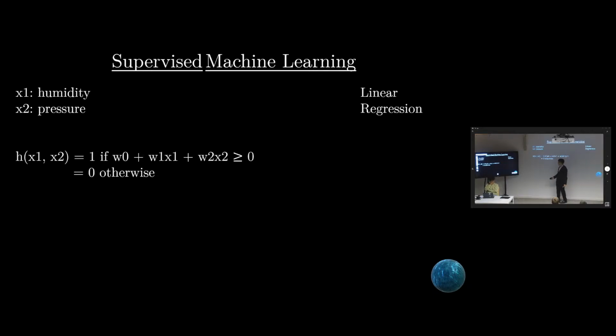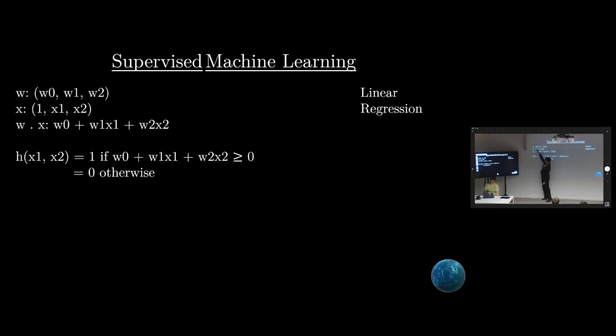Notice even more that we could express this as a dot product, where the first vector, which we call w, is equal to w0, w1, w2, and x is equal to 1, x1, x2. Then w dot product with x would give us w0 times 1, w1 x1, w2 x2.